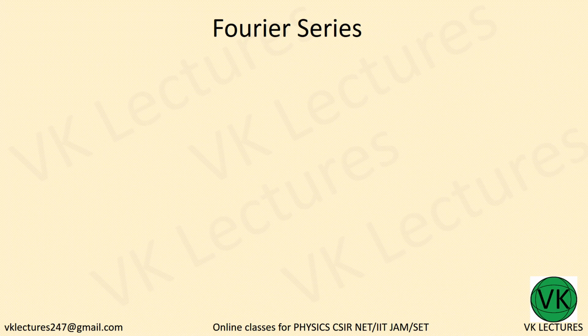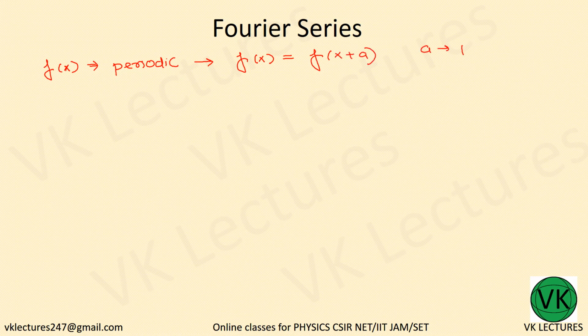Fourier series. Suppose we have a function f of x which is periodic in nature. If this is periodic, we can write f of x is equal to f of x plus a, where a is the periodicity. Then we can write the function f of x as a combination of sine and cos.